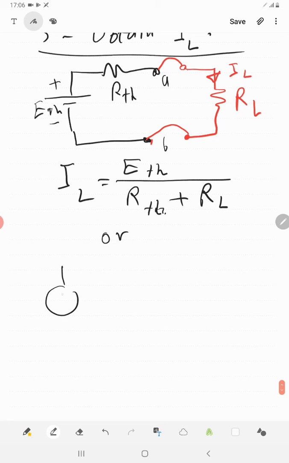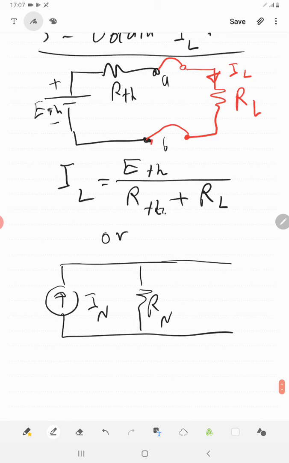Or we have IN and RN, and again we reconnect R load here and we have I load.